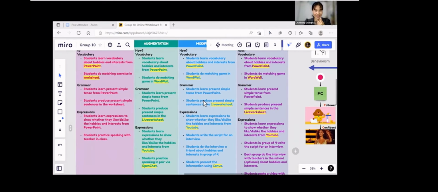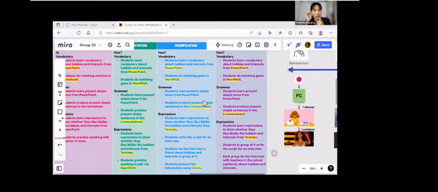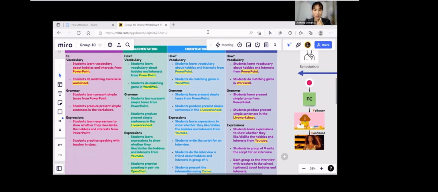Let's start. Firstly, our learning outcome: we want our students to be able to define vocabulary about hobbies and interests. So we use PowerPoint to teach them and let them practice with matching games in Wordwall.